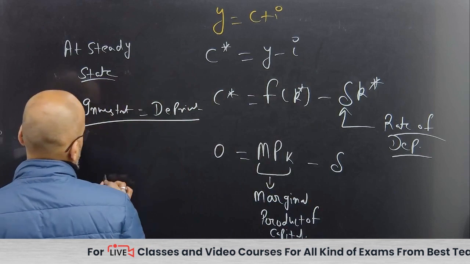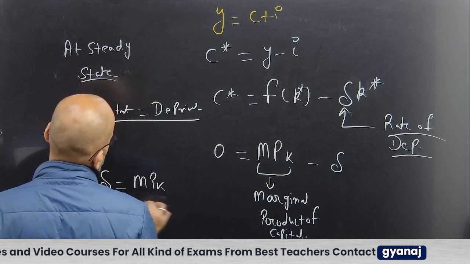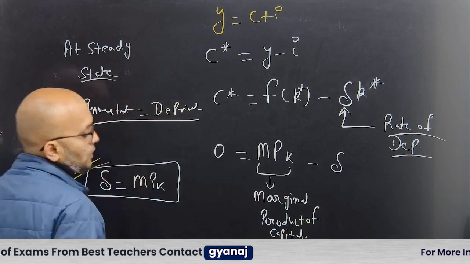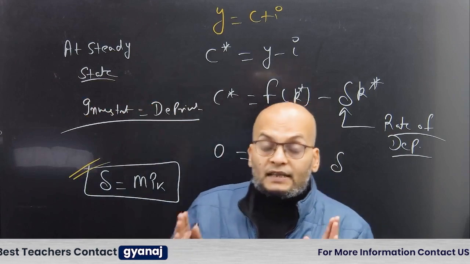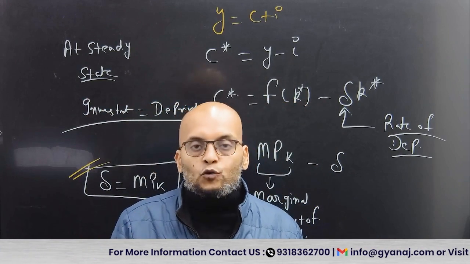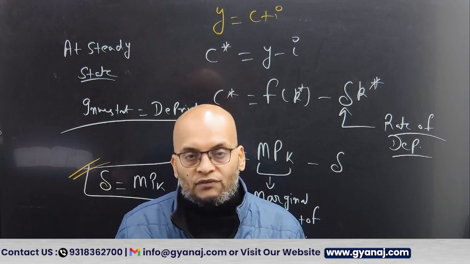Bringing it to the left, so del is equal to marginal product of capital, a very important equation for golden rule. What is this equation telling you? That marginal product of capital will be equivalent to depreciation under golden rule steady state.